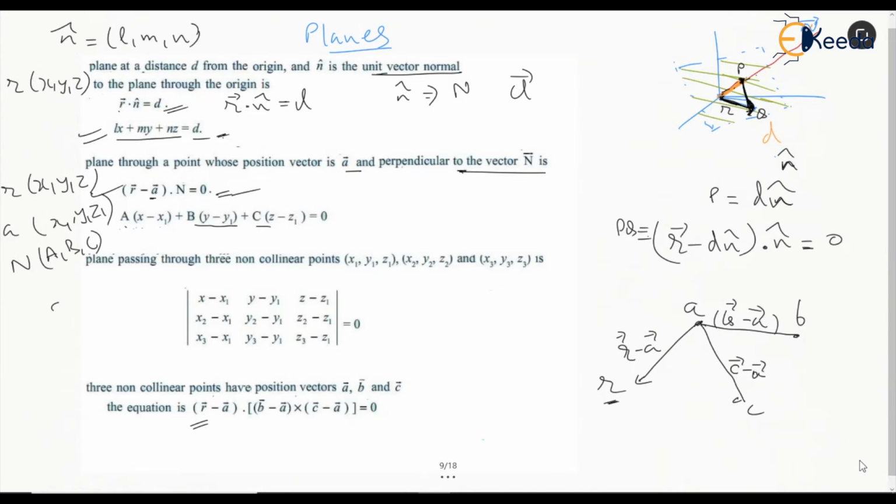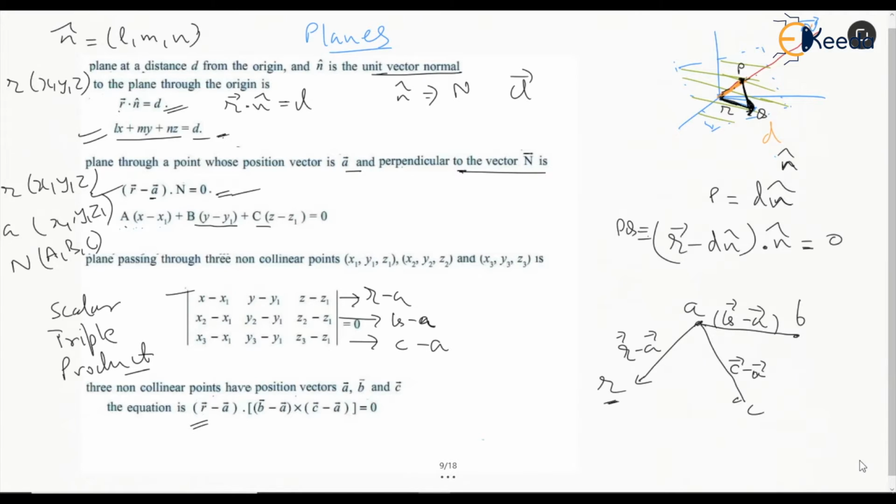This is the scalar triple product written in the Cartesian form. So this is nothing but R minus A, this one is nothing but B minus A, and this is nothing but C minus A, right? Do you see this? These are the components of the lines joining B, A, C, A and R, A, right?